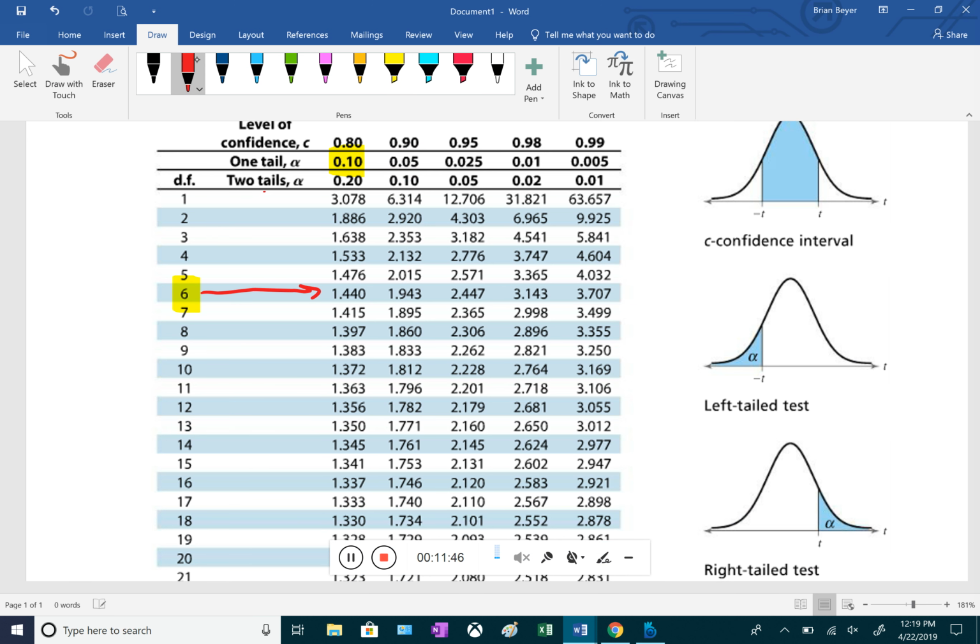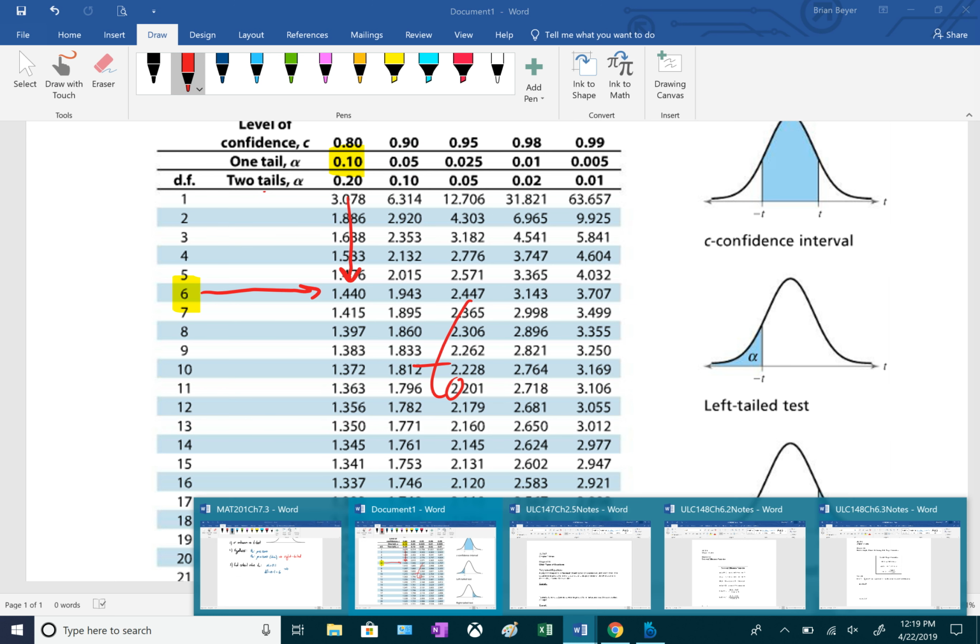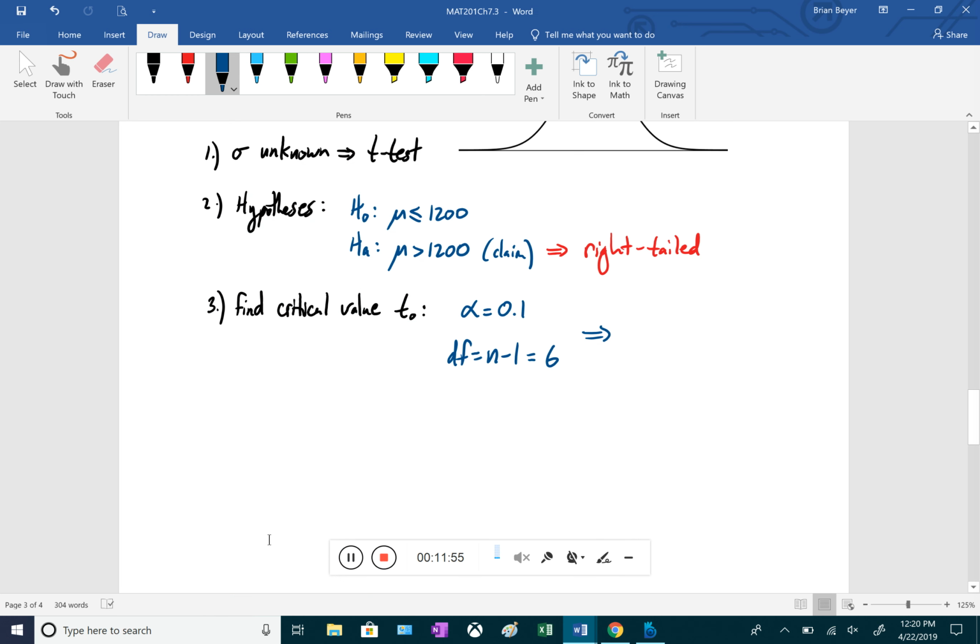So that's going to be a value of 1.44 for our t-value, a critical value of 1.44.